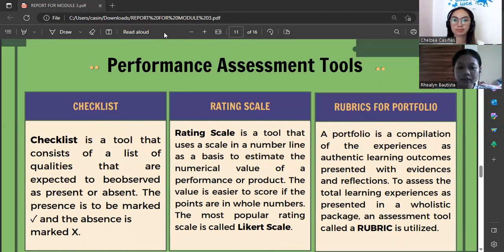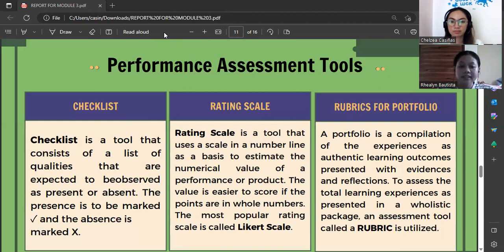An assessment tool called a rubric is utilized. Pag sinabi nating rubrics, di ba, it is a set of criteria to evaluate a student's performance. Ma-evaluate natin dito yung performance ng bata.